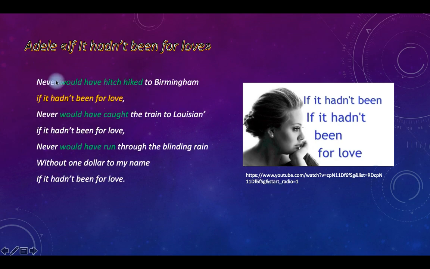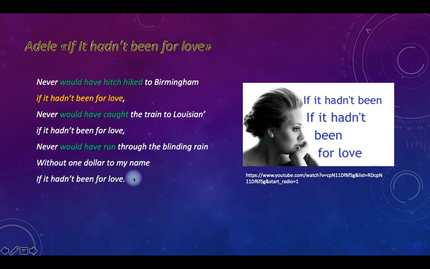Right. You can listen to the song in full on YouTube. And here is what she is saying. Never would have hitchhiked to Birmingham if it hadn't been for love. Would have, yeah, hadn't been, the third conditional. Never would have caught the train to Louisiana if it hadn't been for love. Never would have run through the blinding rain with that $1 to my name if it hadn't been for love.